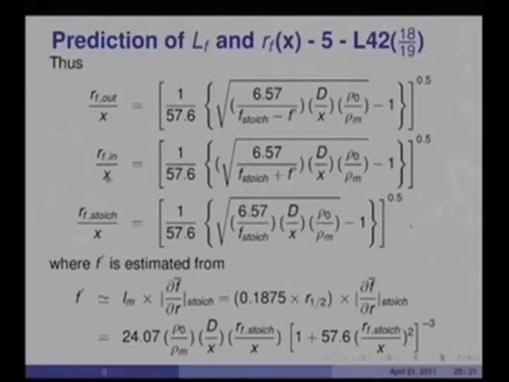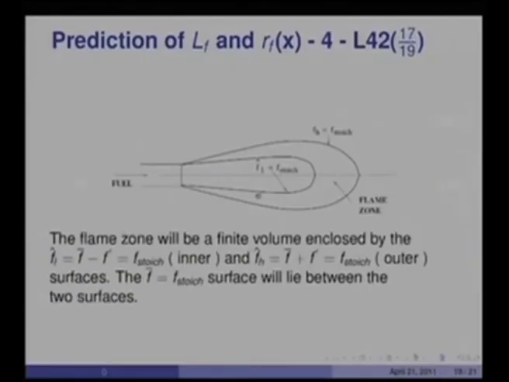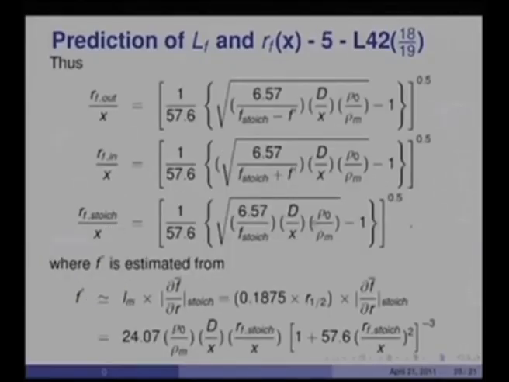For the inner surface, R f in would be f stoic plus f dash into all this, and for the stoichiometric case, when f bar is equal to f stoic, you will get R f stoic given by that. Now, we have to determine f dash.